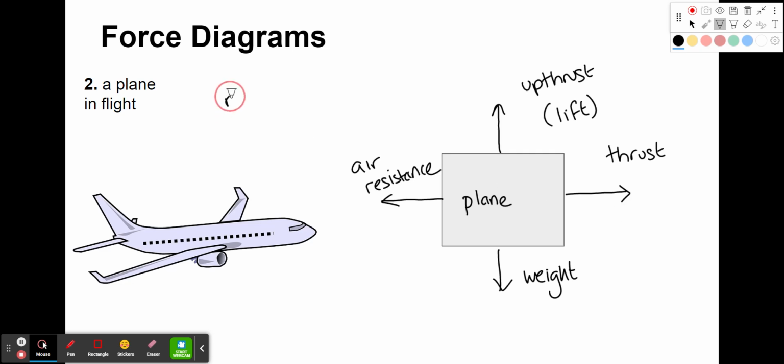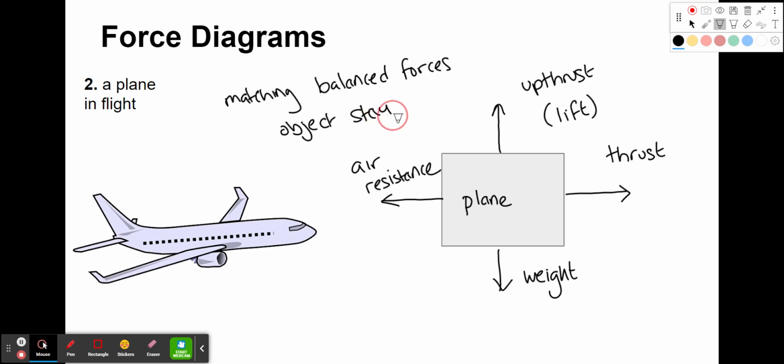So if we have matching or balanced forces, that means that the object stays at the same speed. And in our case, it's this aeroplane. It will be just flying through the air, not accelerating, not getting any faster, not slowing down, not getting any slower.